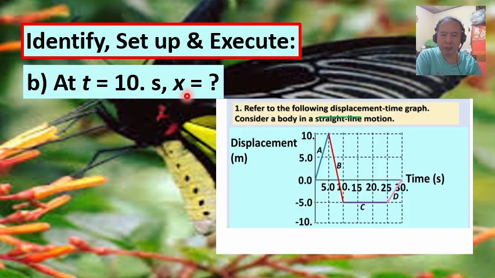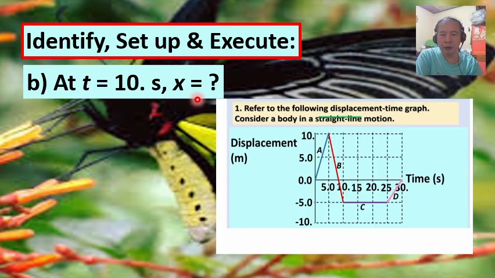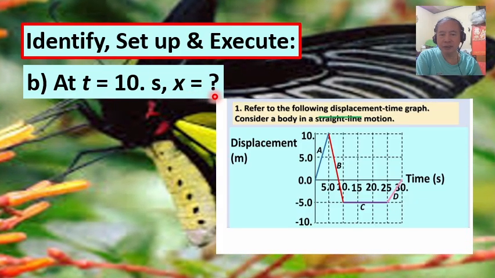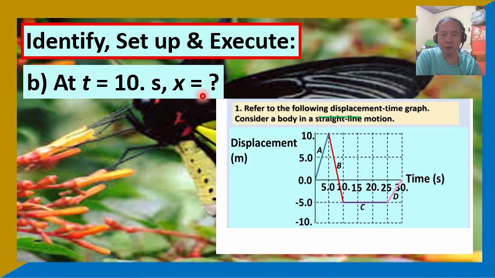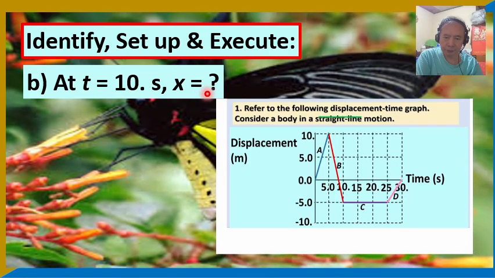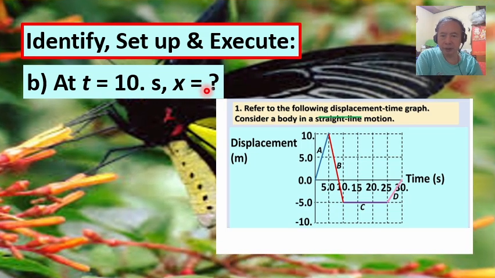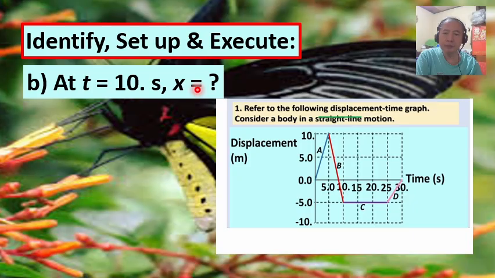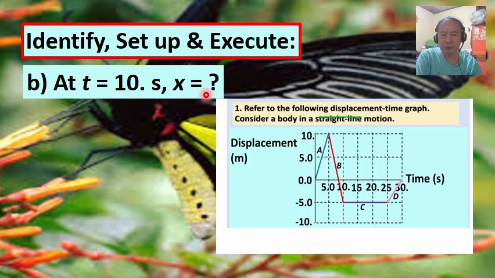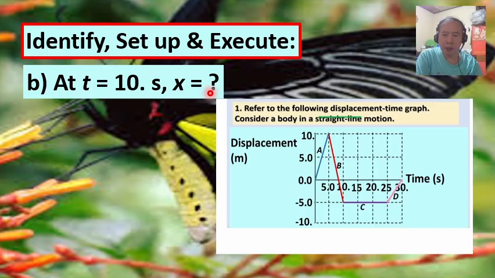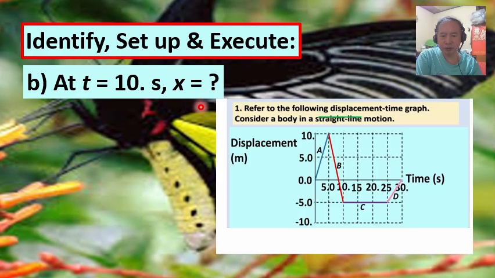So that's the same as asking for the value of the x coordinate or the position of the body, right? How many meters from the origin and in what direction? So those are synonymous questions.